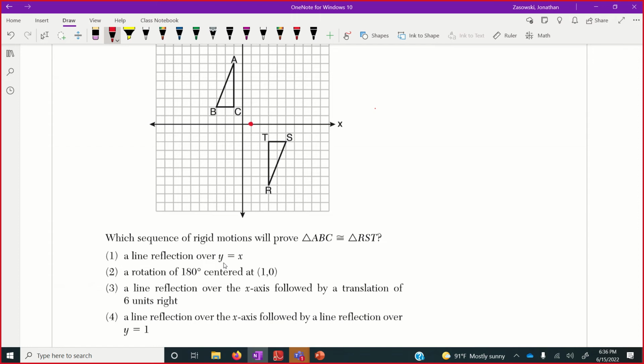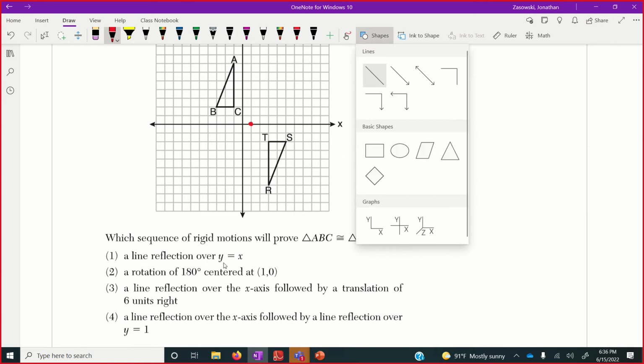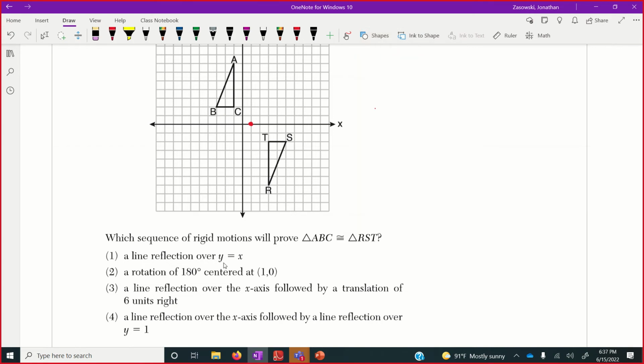Now, the easiest way to do this rotation is to treat this like the new x-axis. So pretend this is my new x, and then that's the y. When I look at this point and rotate it 180 degrees around, this point is going to go around here.